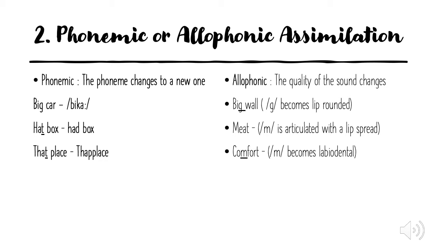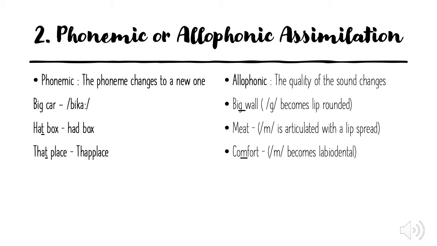So that is an allophonic change. The phoneme does not change here. G does not get replaced by K or any other sound, but it becomes a slightly different version of the G sound, in other words, an allophonic variant of G, as it would happen in the sound M in "meat," for example.